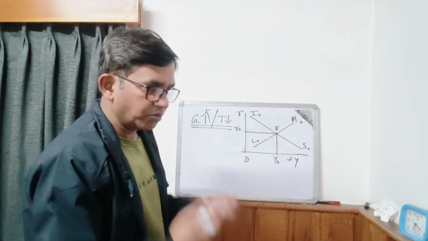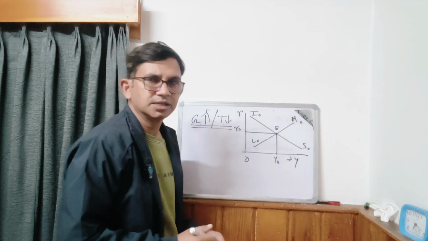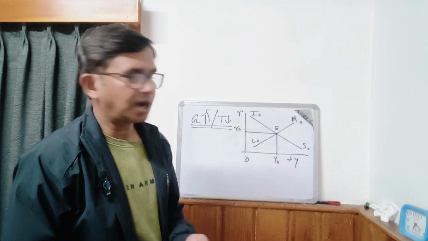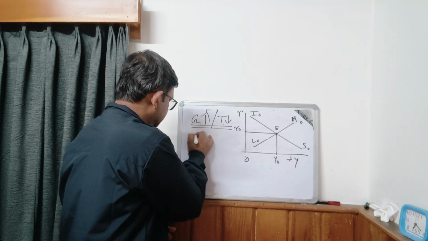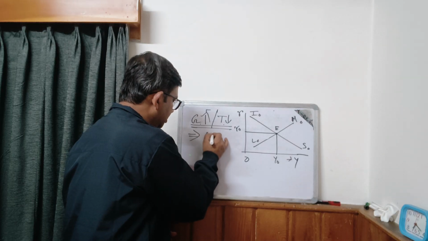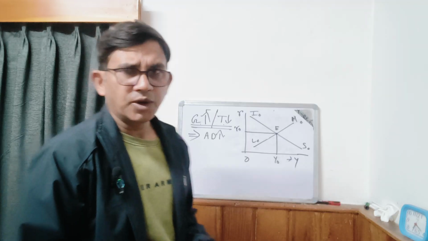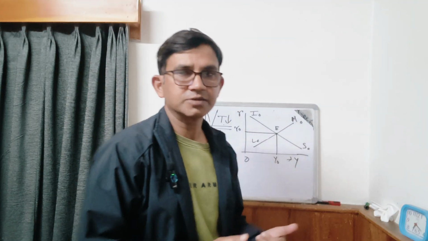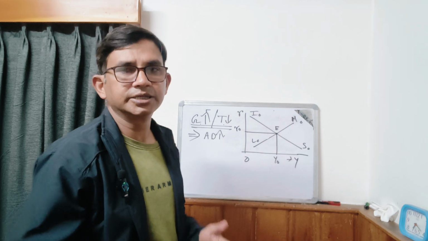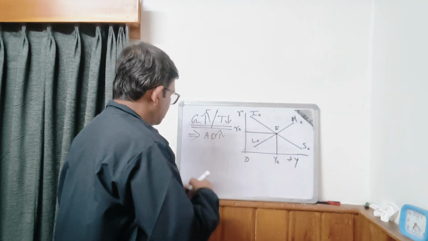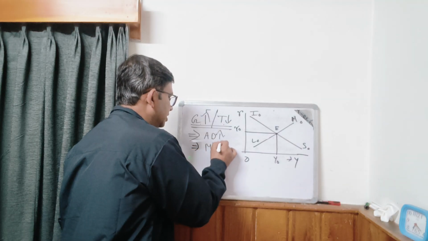Whether G increases or tax declines, ultimately the aggregate demand will increase. Now what will be its effect in the asset market? An increase in aggregate demand will cause an increase in demand for money.